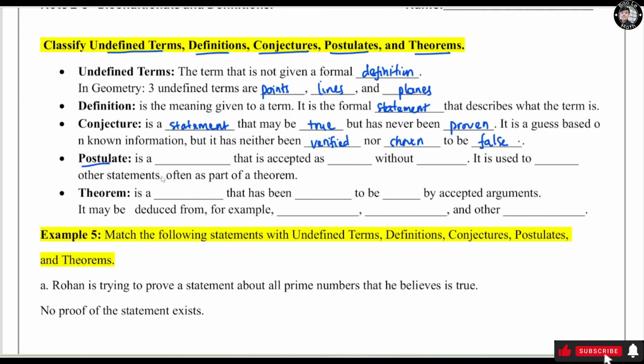It is used to prove other statements, often as part of the theorem. Now, a theorem is a statement that has been proven to be true by accepted arguments. It may be deduced from, for example, definitions, postulates, and other theorems.